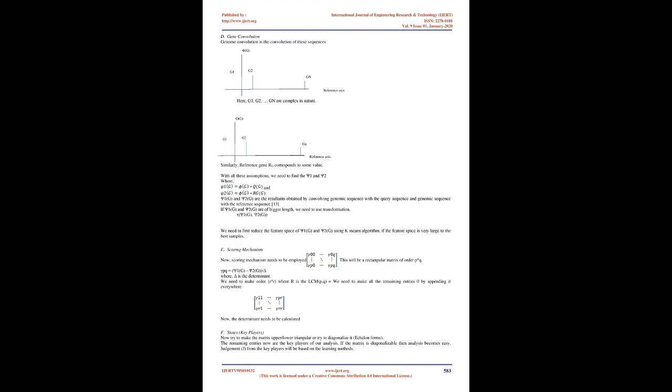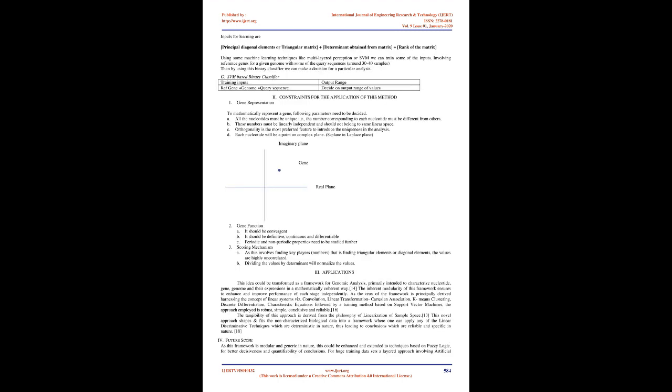Inputs for learning are principal diagonal elements or triangular matrix, plus the determinant obtained from the matrix, plus the rank of the matrix. Using machine learning techniques like multi-layered perceptron or SVM, we can train on some of the inputs involving reference genes for a given genome with some of the query sequences, around 30 to 40 samples. Then by using this binary classifier we can make a decision for a particular analysis.